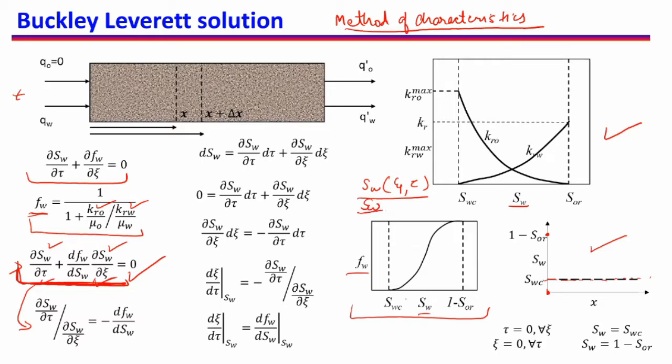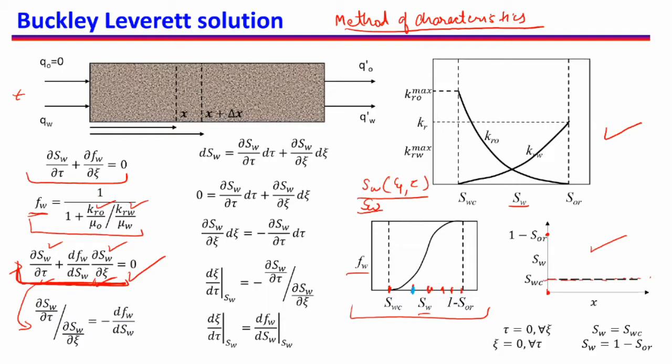So that means we will consider a particular SW between SWC and 1 minus SOR. Suppose we have considered an SW which I have denoted by the blue point on the FW curve. Now I will see how SW changes.